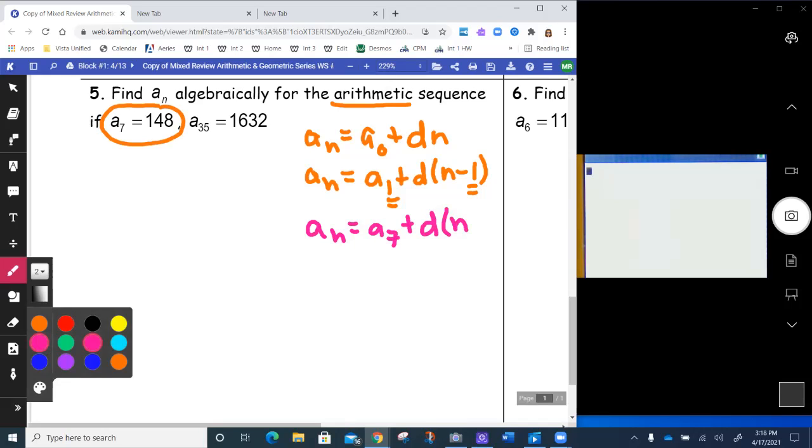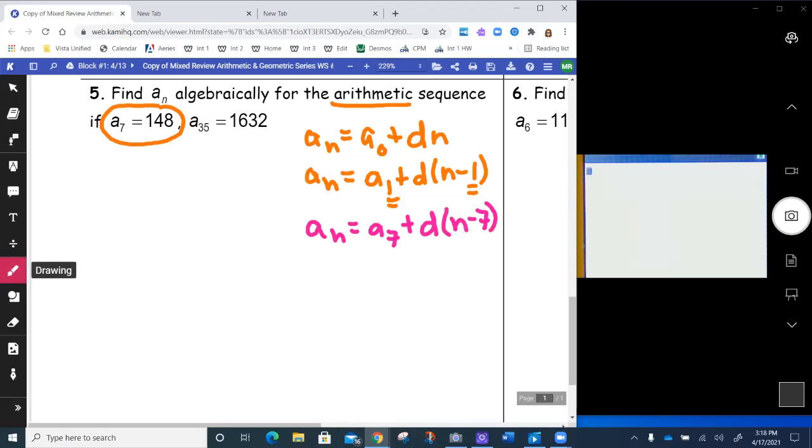But instead of this being an n minus 1, if I start with my first term, it's an n minus 7 if I start with my 7th term. So I'm going to use this equation: a sub n is equal to 148 plus d times n minus 7, because I'm starting with my 7th term.